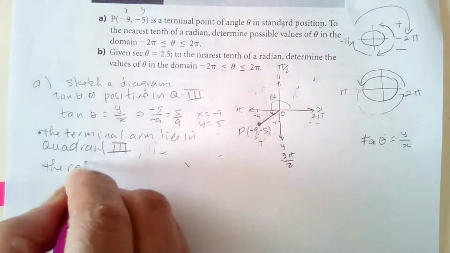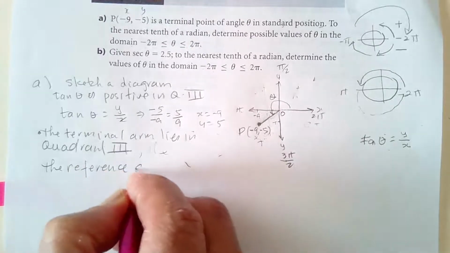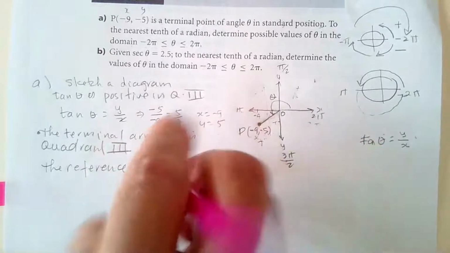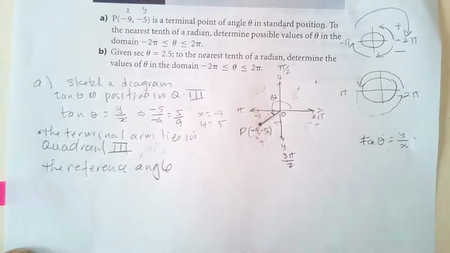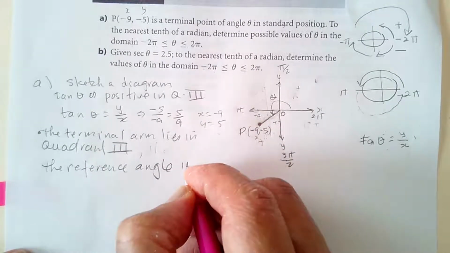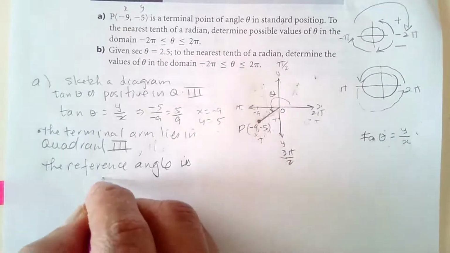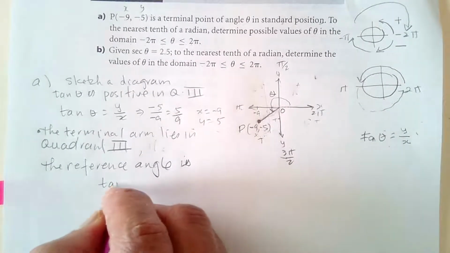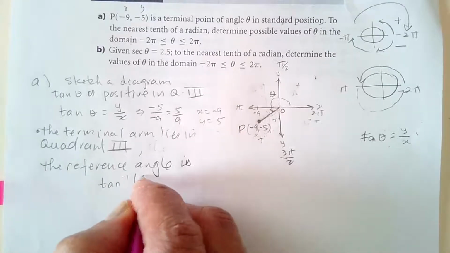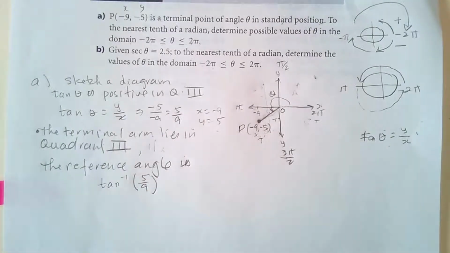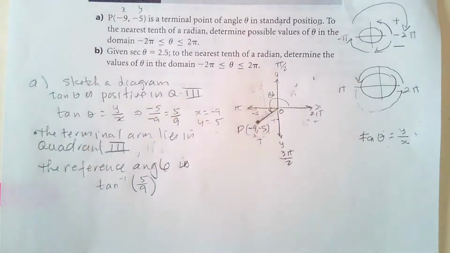The reference angle is, now we'll have to use our calculator here, tan inverse of 5 over 9. So now I'll use my calculator. I'll make sure I'm in radian mode.